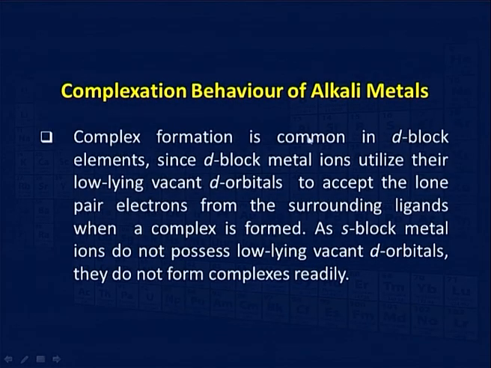Complex formation is common in d block elements. In d block elements, ions utilize their low lying vacant d orbitals to accept the lone pair of electrons from the surrounding ligands. S block element ions do not possess these low lying vacant d orbitals and do not form complexes readily.